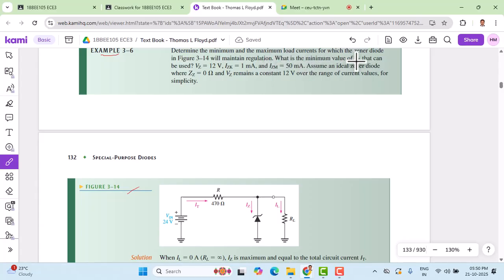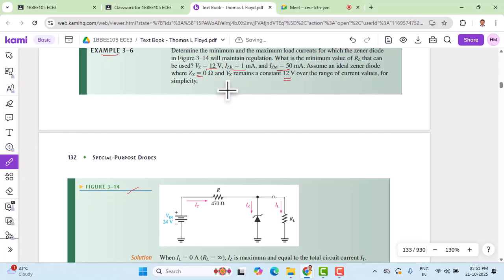What is the minimum value of RL that can be used? The data given is VZ is 12 volts, IZK is 1 milliampere, IZM is 50 milliampere. Assume an ideal Zener diode where ZZ is 0, and VZ remains a constant 12 volts over the range of current values for simplicity.